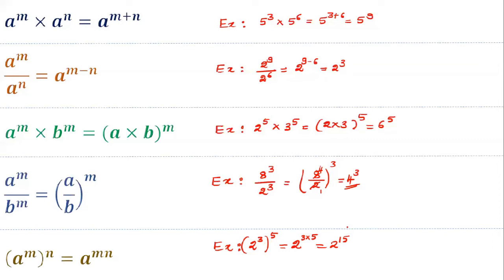Now let us apply this law of exponents to real numbers. You know the general form of real numbers. Now nth root of a is an irrational number.